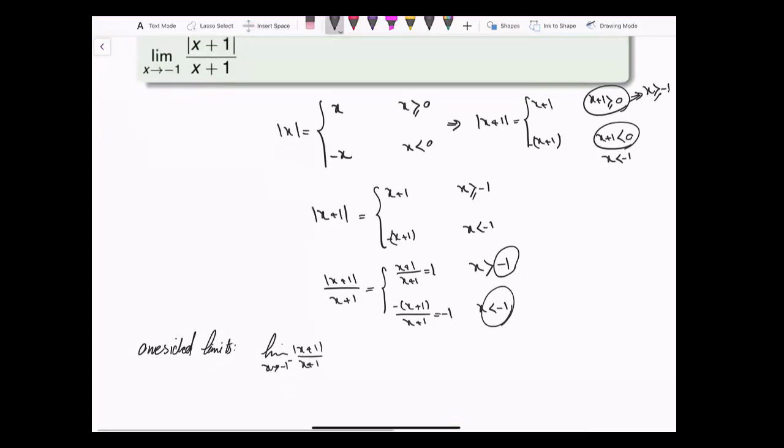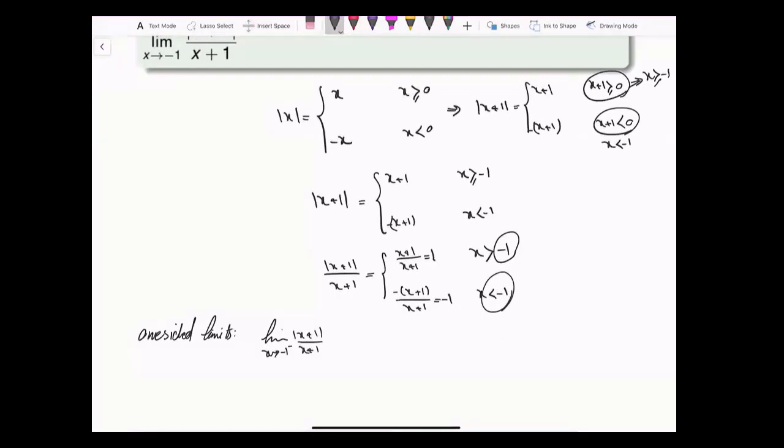What does that give me? Since we are approaching negative 1 from the left, my function will have the value negative 1. Well, this is constant, the limit of a constant is that thing itself.